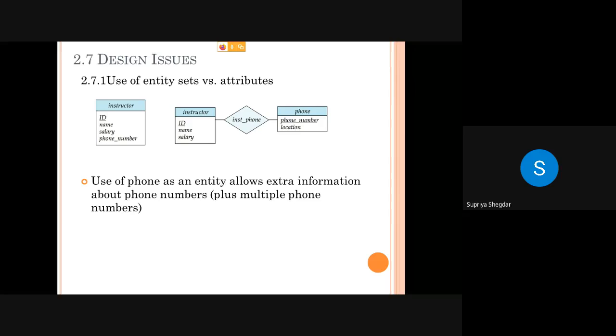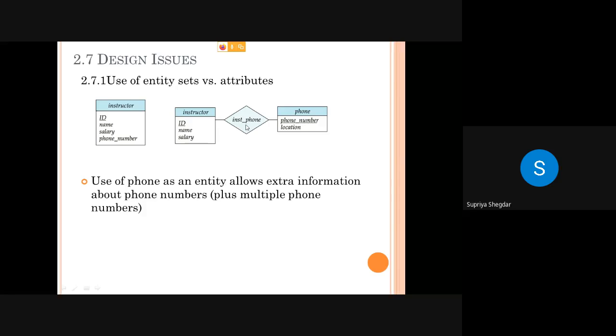But instead of this, if we create a new entity set for the phone, and add attributes such as phone number, location, and phone type, meaning whether it is landline or mobile, etc., and use inst_phone as a relationship between instructor and phone, then we can use the information of the instructor and the phone simultaneously.